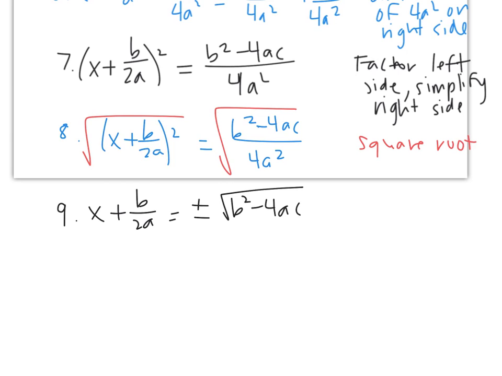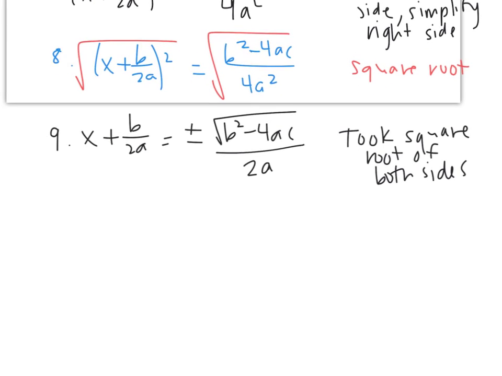But the square root of 4a squared, the square root of 4 is 2, and the square root of a squared is a. So I have the square root of b squared minus 4ac over 2a. Now that's starting to sound pretty familiar, right? Sounds like the quadratic formula. So I'll say: took square root of both sides.